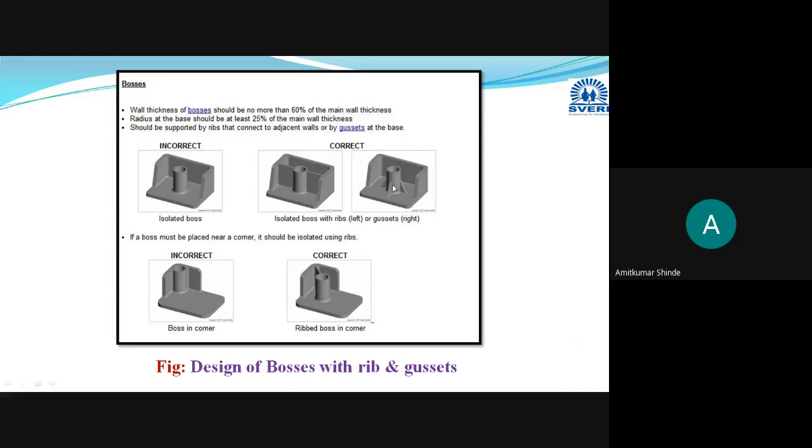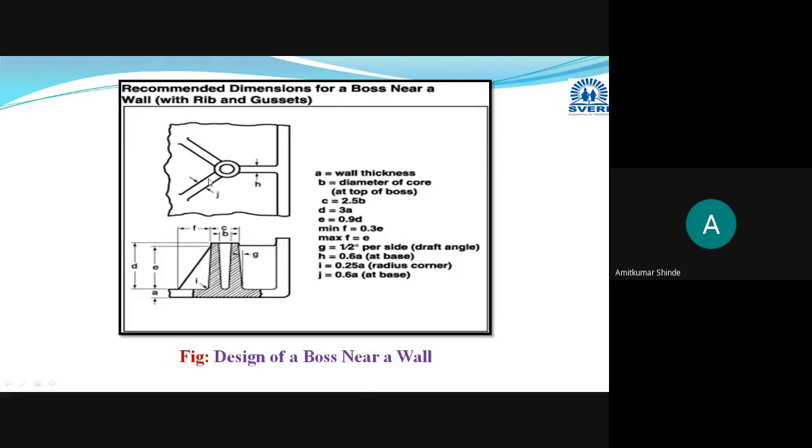Generally, gussets are provided in this way when designing a boss away from the wall: from four sides, gussets are provided to give strength. Whenever the boss is near the wall, you have to provide ribs or gussets, only one or two, like this, two or three.